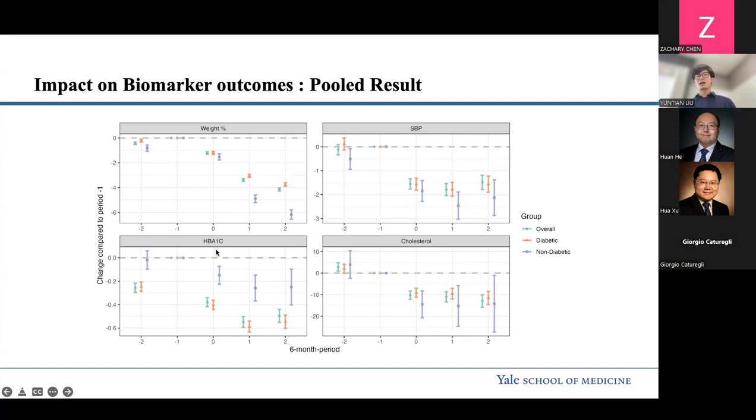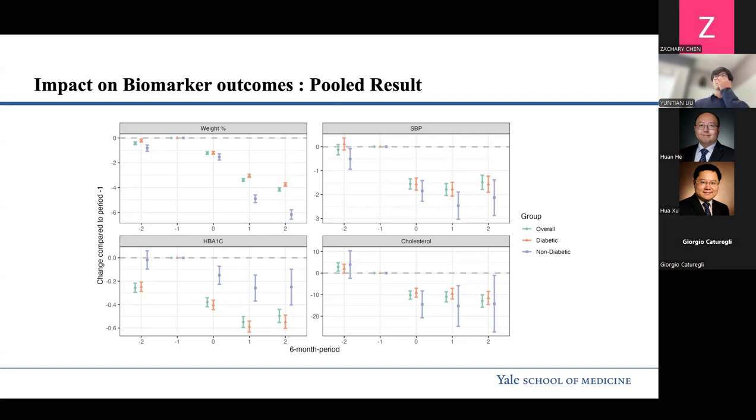So for weight loss in the real world, the dynamic treatment effect at period 2 for the overall population is 4%.